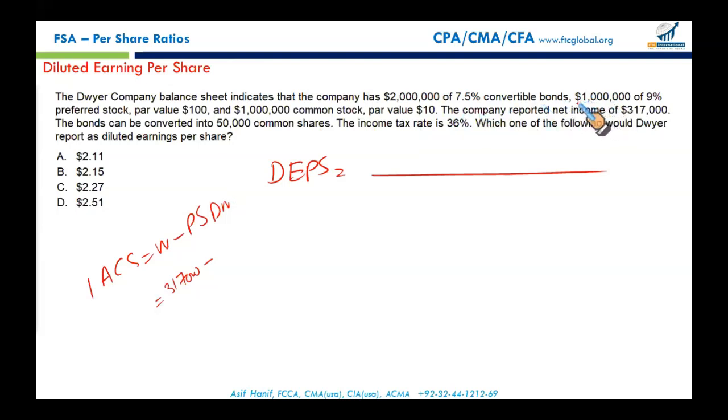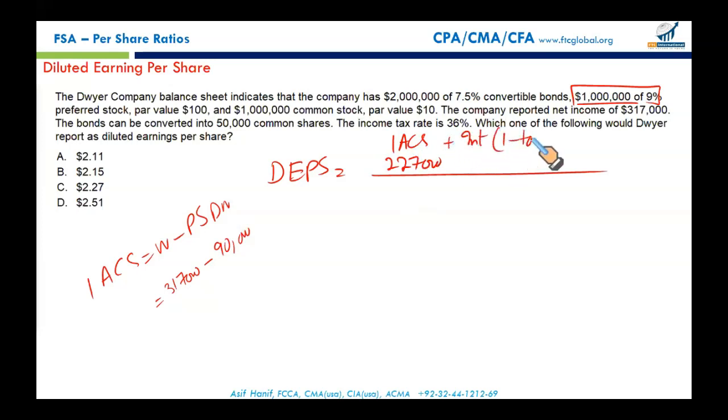It is 1 million, 9% preferred stock. So 1 million is the book value, 9%, that means 90,000. So IACS is the net income minus preferred stock dividend, 317 less 90, that gives you 227. So 227 is what you call the IACS.